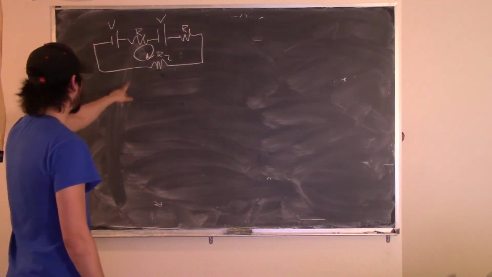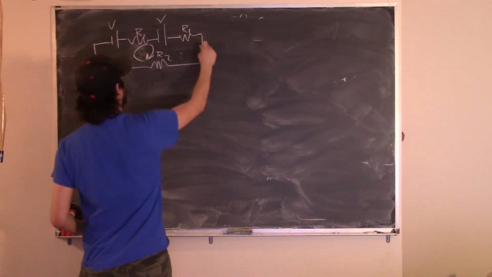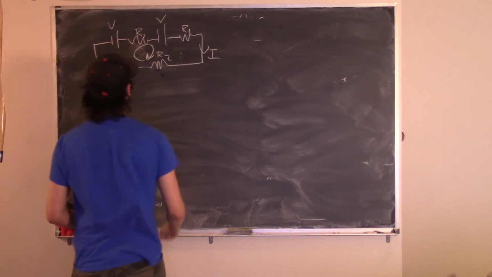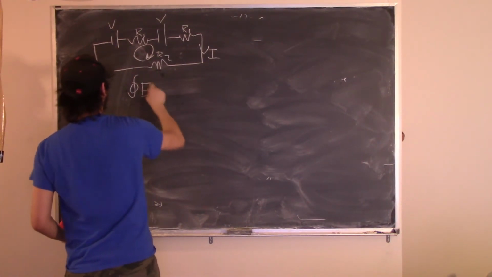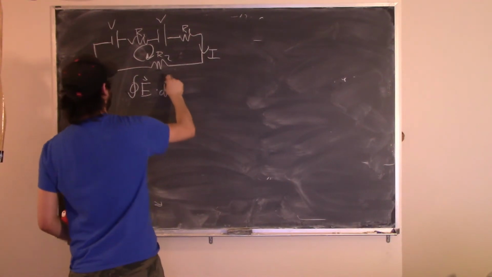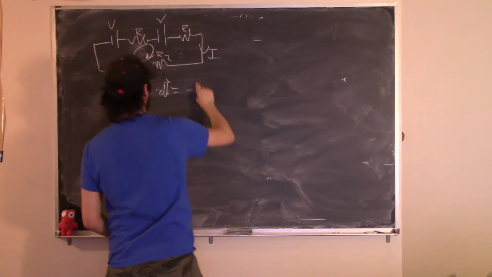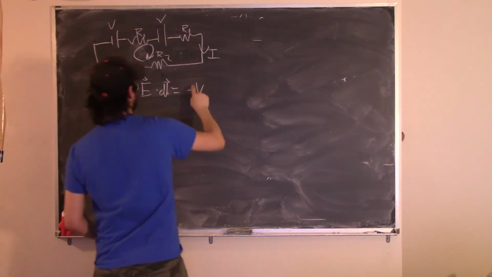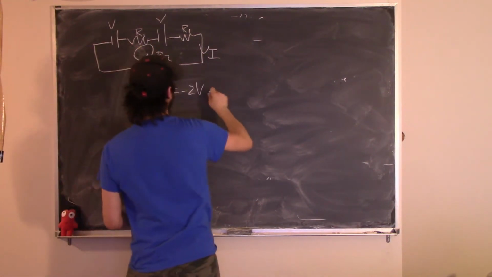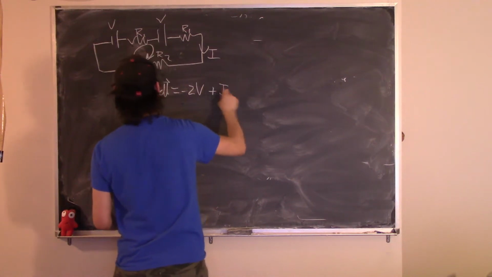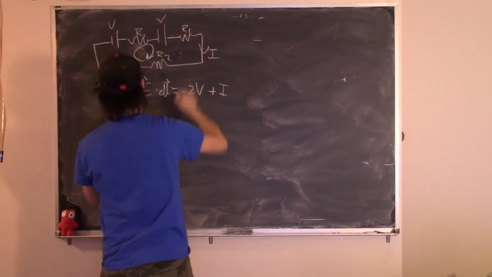And going around this loop, I needed to define some current here. So let's call this current capital I. This says, for this loop, integral of E dot dl is going to be equal to minus V. We have another minus V, so this is a minus 2V. And then plus the current, because the loop is in the same direction as the current.